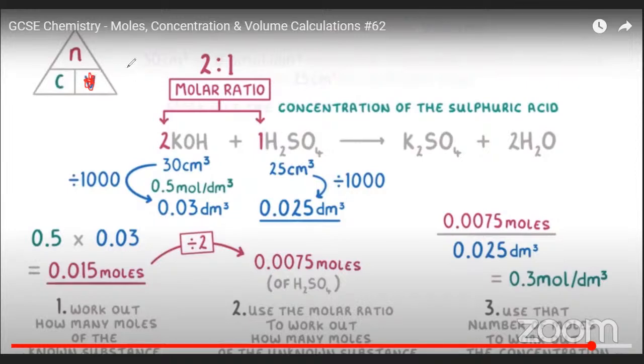And if we covered moles, let's say we are looking for moles, what you're looking for is what you cover. We'll have concentration times volume. This is multiplication. Yes, concentration times volume. Right? Okay. So that's the trick. Okay, I've got it now.